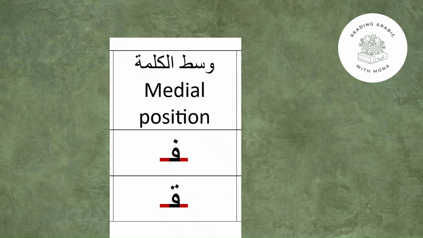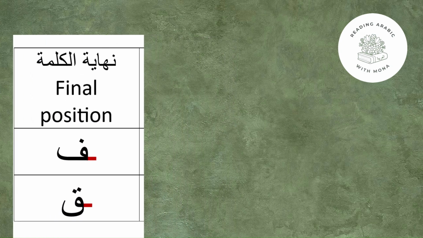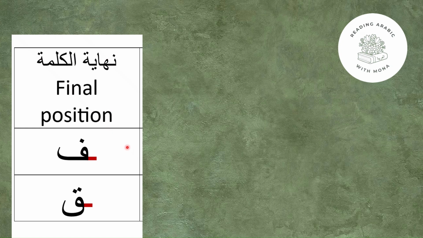And finally, in the final position, like all other letters, the fa and qaf restore their original shape, but of course, they still extend a line before the letter when the preceding letter allows, because we have these resisting letters that do not allow the letter to be connected to.